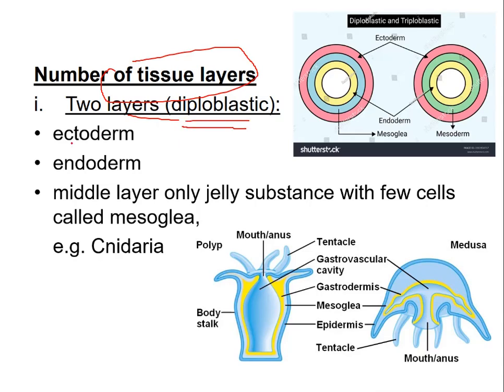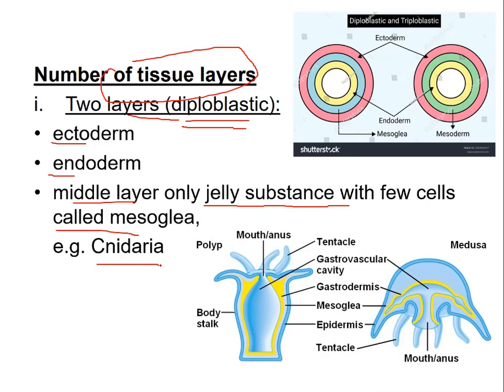The two layers are ectoderm, the outermost layer, and endoderm, the innermost layer. The middle layer is only filled with jelly substance with few cells known as mesoglea. So these two layers of tissue, or diploblastic organisms, can be found in Cnidaria.